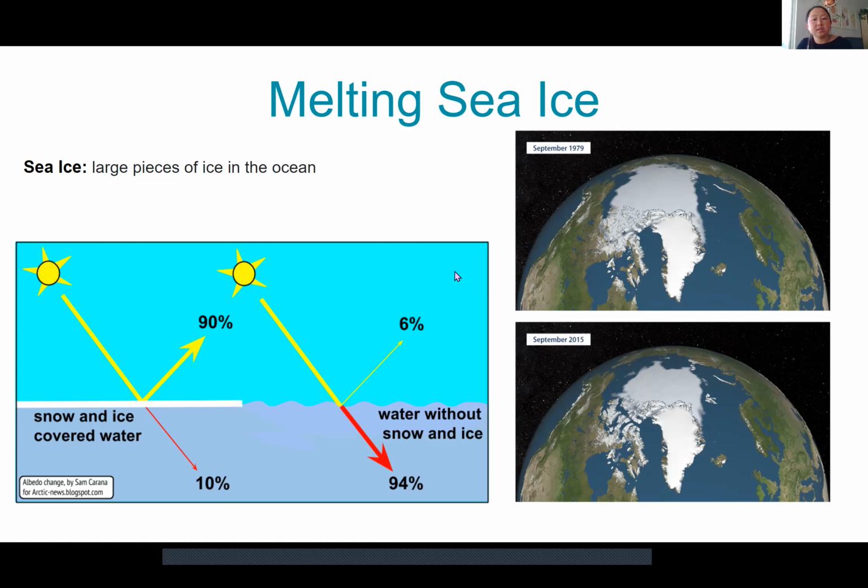You can imagine all of this space was space in which sunlight would hit it and then reflect back into the atmosphere. Now there's less of this sunlight and thermal energy being reflected, and thus warming the area more and thus melting more ice. So it's like a positive feedback loop.